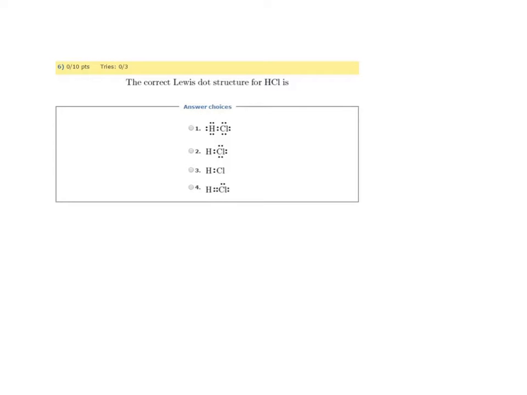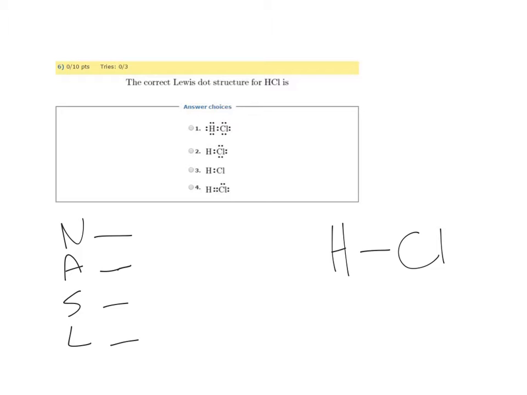And another Lewis structure for HCl. So H and Cl, just 2 atoms here. Well, you know H is going to be bonded once because that's all it can do. But just to go through the process here, N, we have a chlorine and a hydrogen, so we need 10.